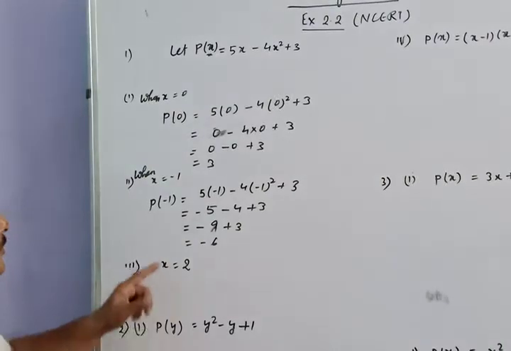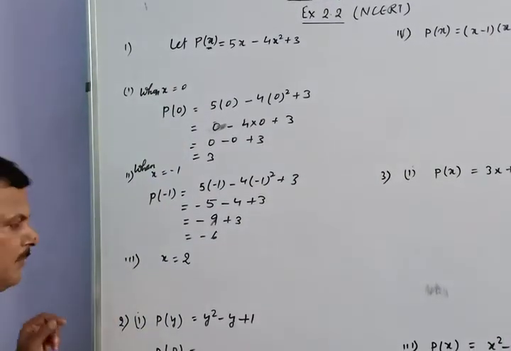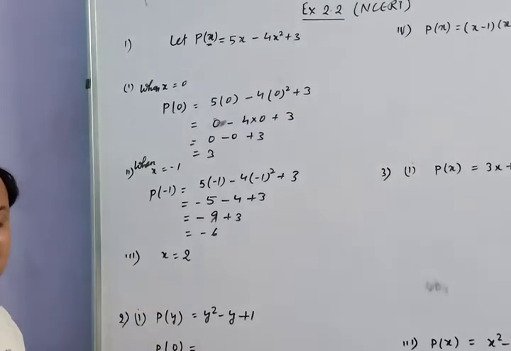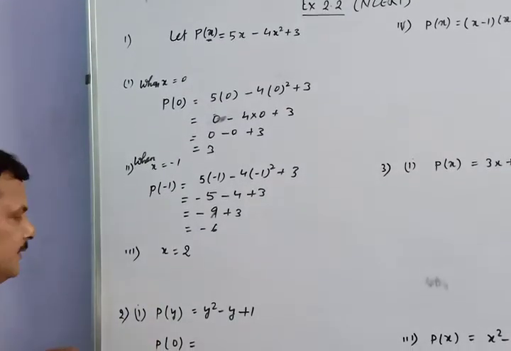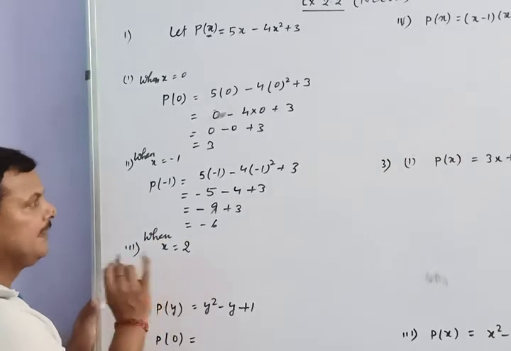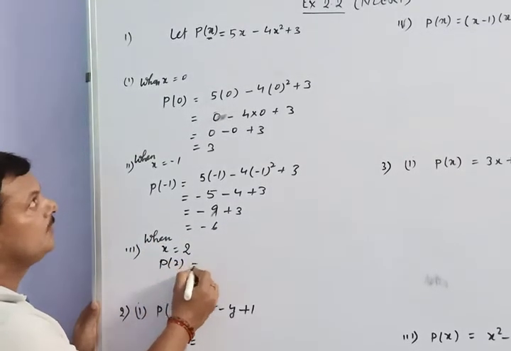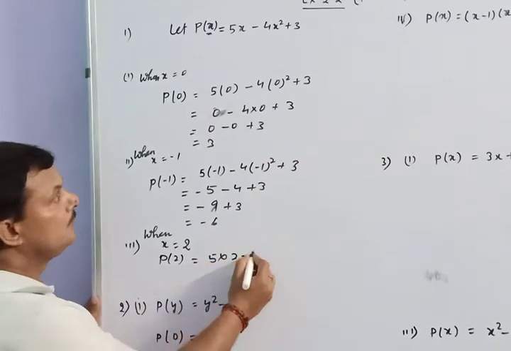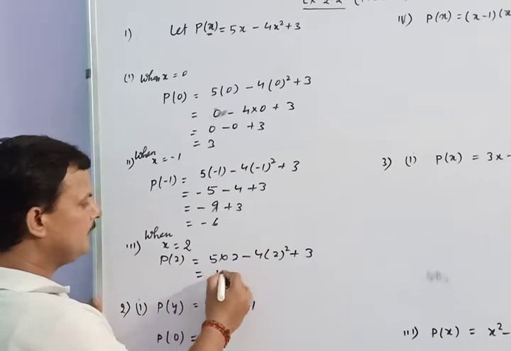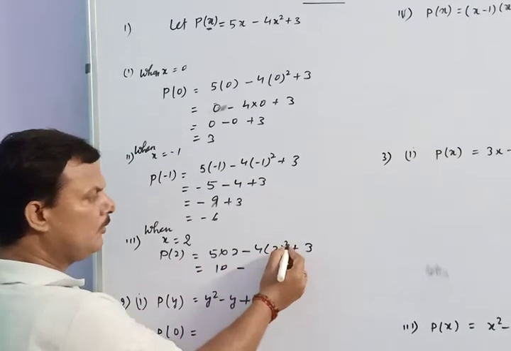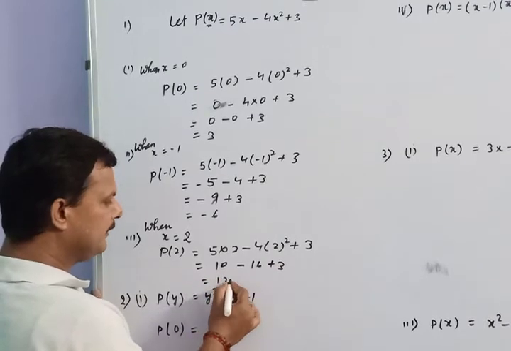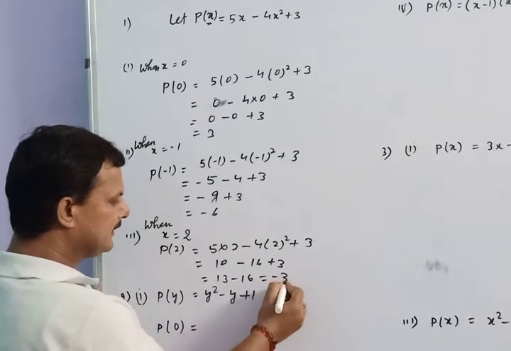When x is equal to 2, what will be the value of the same polynomial? Means at different values of x, the polynomial will give another value. But zeros are another matter. When x is equal to 2, p(2) will be what? 5 into 2, 4 into 2 square plus 3. Here 5 times 2 is 10, here 4 times 4 is 16, plus 3. Now add 13 minus 16 gives us -3.